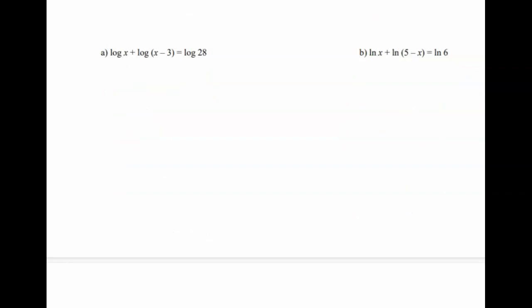Our last two examples both have condensing and factoring. So this is multiplying, so this becomes log x times x minus 3 equals log base 28. Remember, once I have one log on both sides, I can set my inputs equal.